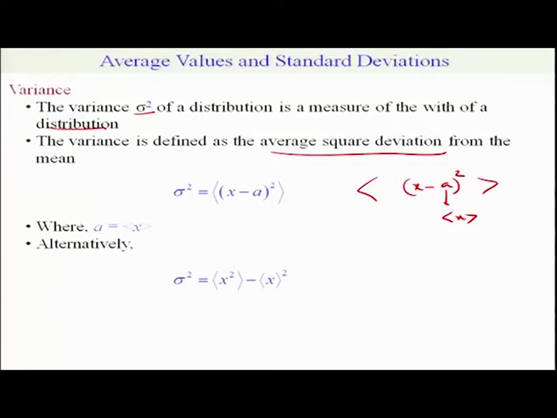Alternatively, you can also show using the properties of this angle bracket, which is a mean value, that this sigma square is nothing but the mean value of x square minus the square of the mean value of x. So, that is the variance.